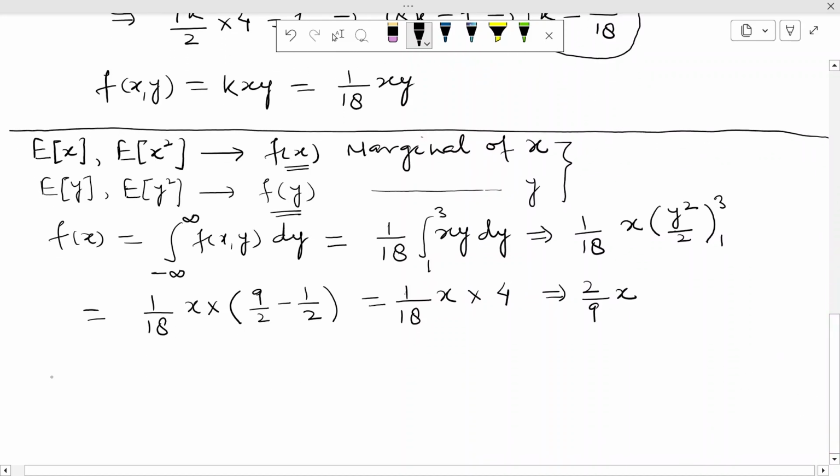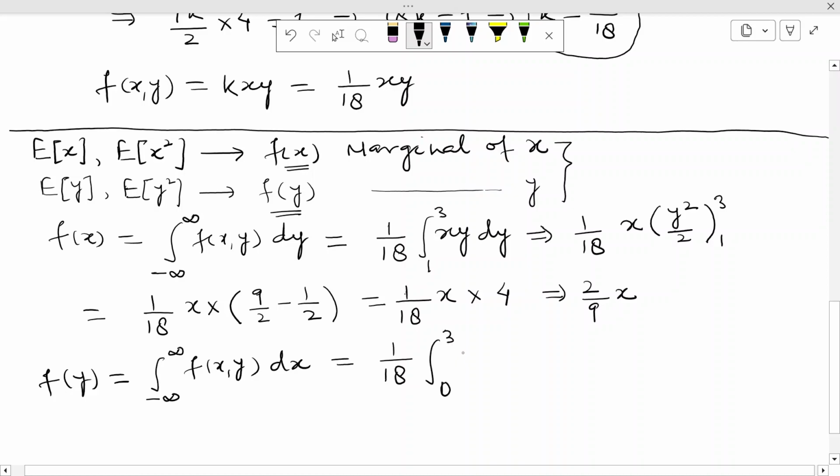Now next we will find out the marginal for y. Because we are finding the marginal of y, I am just writing the general definition, and here we have to perform this integral with respect to x. So this will be the same as 1 by 18. Now the limits for this particular problem are 0 to 3, and our joint PDF, the expression of fxy, is 1 by 18 xy, and we have to integrate this with respect to x.